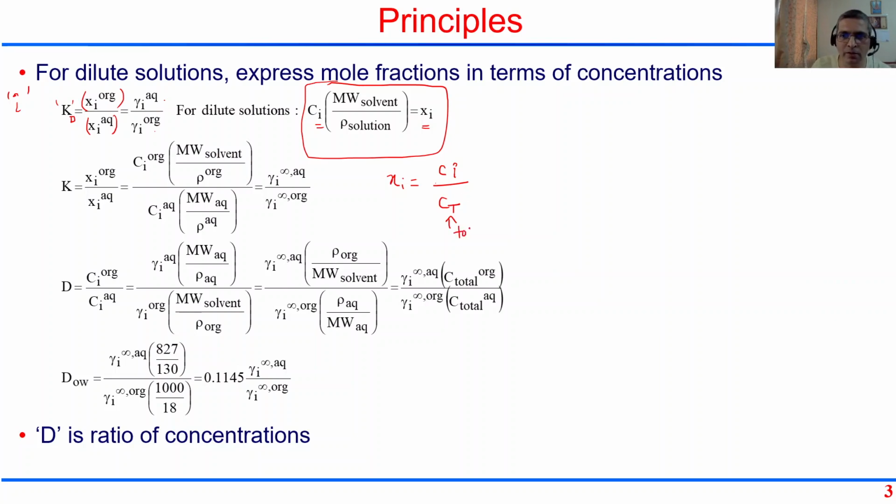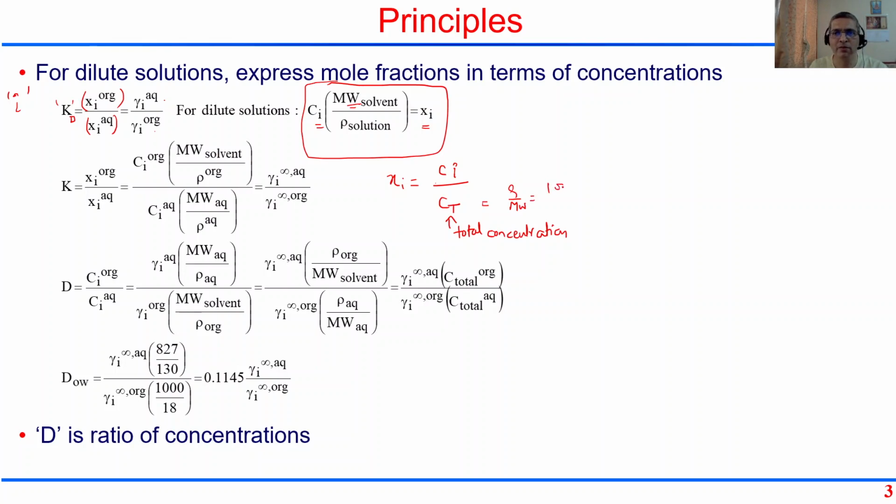That's the total concentration. Now, if the component is very dilute, let's say in fermentation processes, where components are very dilute, then this total concentration would simply be density divided by the molecular weight of the solvent, right?